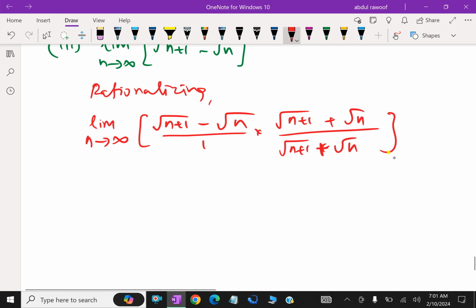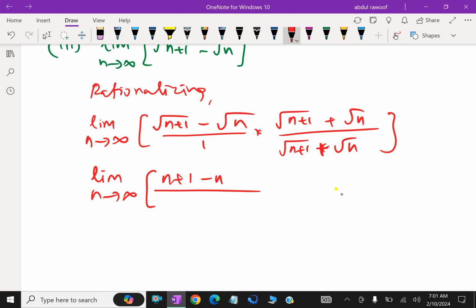Look at here, then limit n tends to infinity. Here is the a plus b, a minus b expression, which gives n plus 1 minus n, because this square minus this square, over square root of n plus 1 plus square root of n.